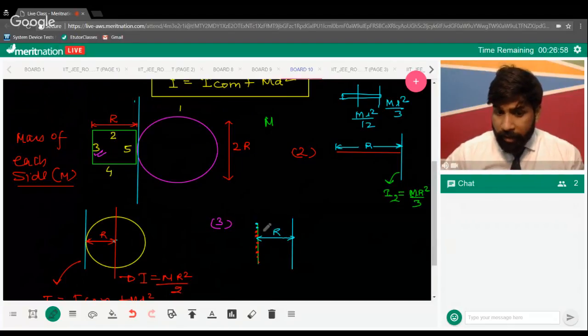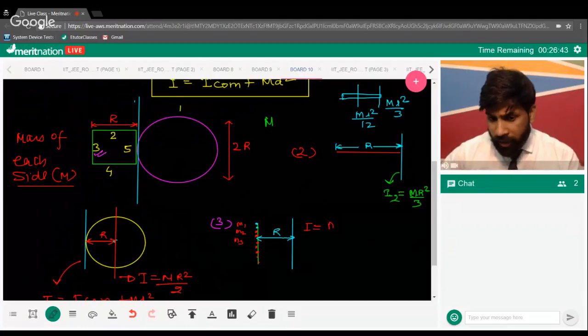Let us suppose the mass of the first particle is m1, the second m2, similarly the third m3, fourth m4, m5, m6, and so on. So what will be the moment of inertia of this entire rod about this blue color axis? That is equal to m1 r square plus m2 r square, and so on. We can take r square common.